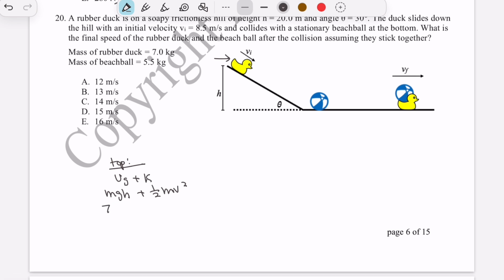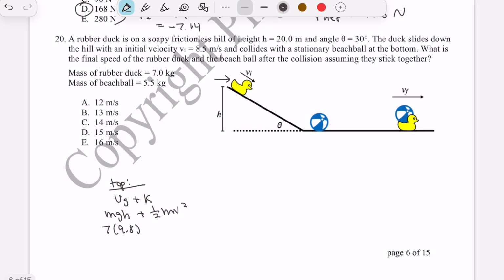This is 7 times 9.8, our height is 20 meters, and the initial velocity is 8.5 meters per second. So this should give you 1,624.875 joules.